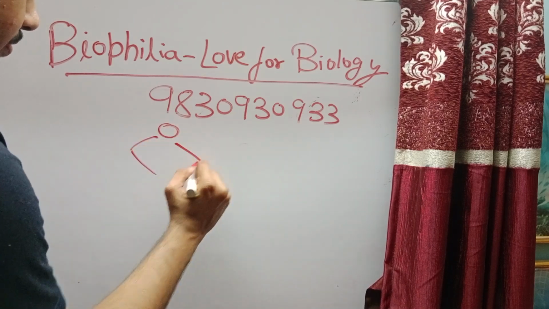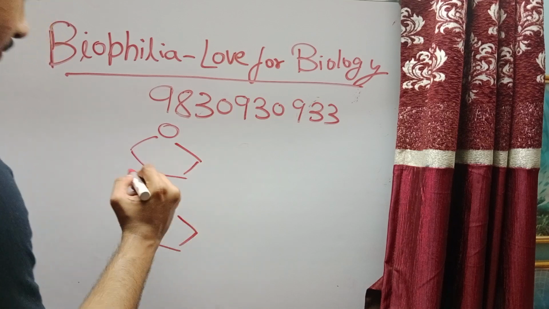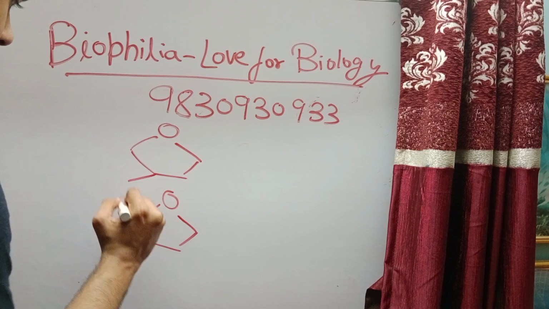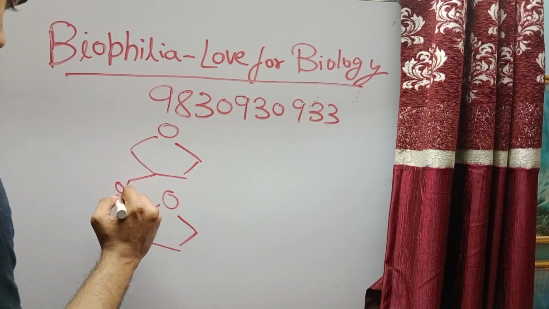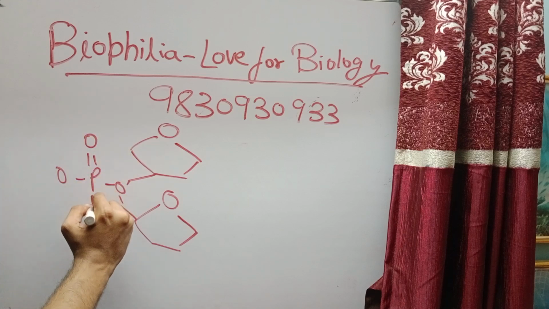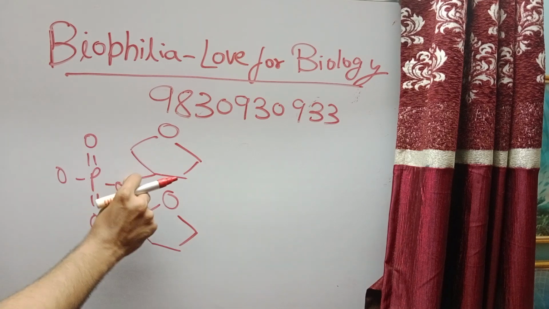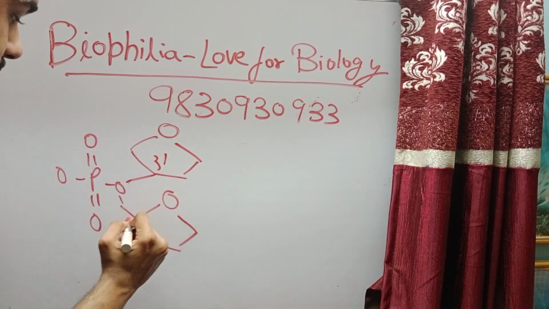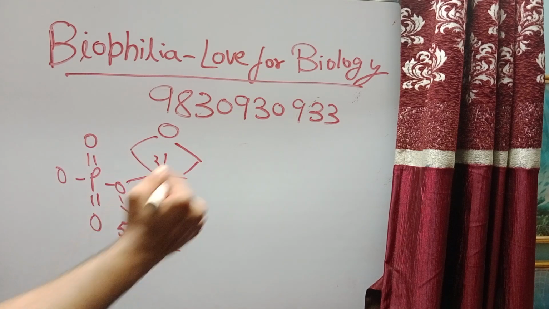This is our ribose sugar, O, P, O, double bond O, double bond O. This is a phosphodiester bond between the 3' and 5' position of the nucleotides.